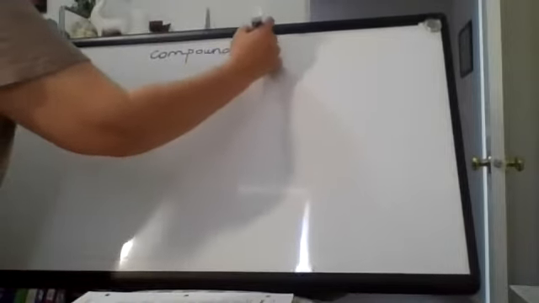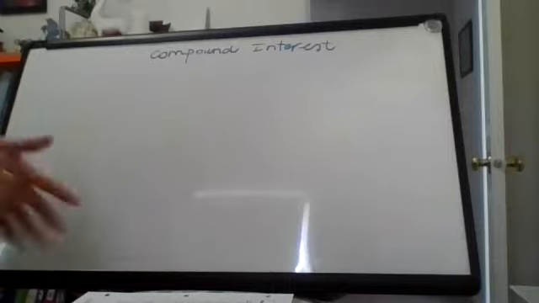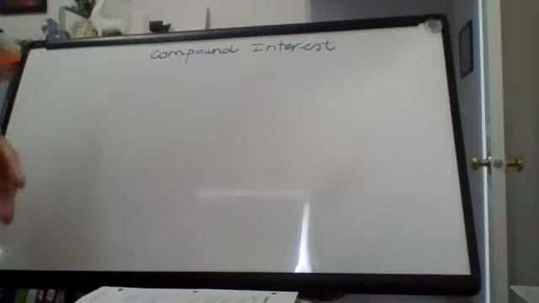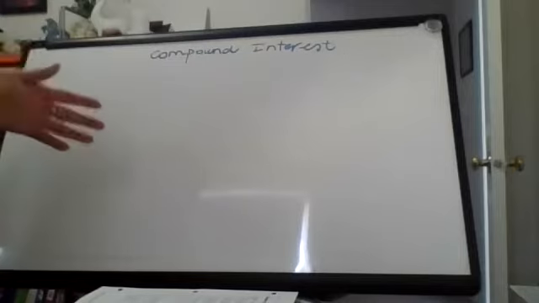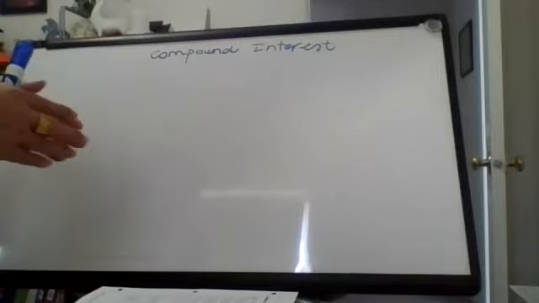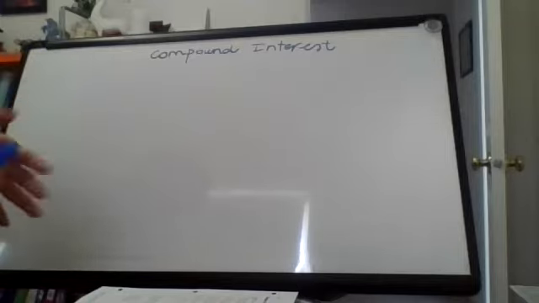Our formula for compound interest, remember we're talking about compound interest. You have to know compound interest is totally different from simple interest. The concept is you earn interest on top of the original principal, changing from one period to another.